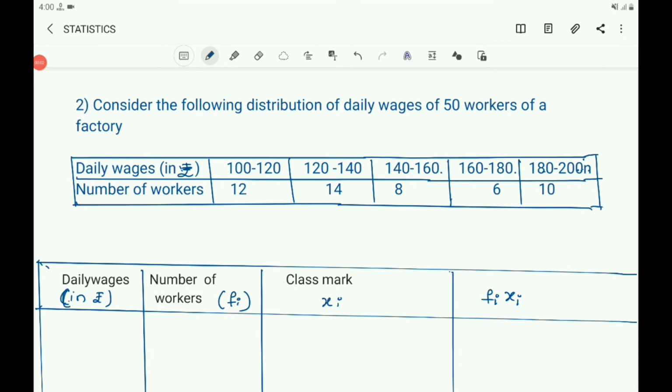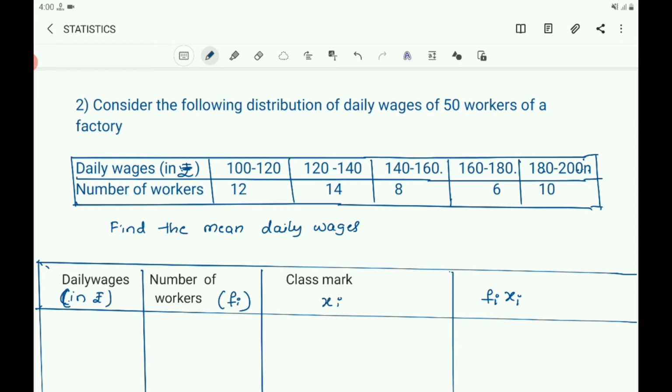The second question: consider the following distribution of daily wages of 50 workers of a factory. Find the mean daily wages. Here there are 50 workers.